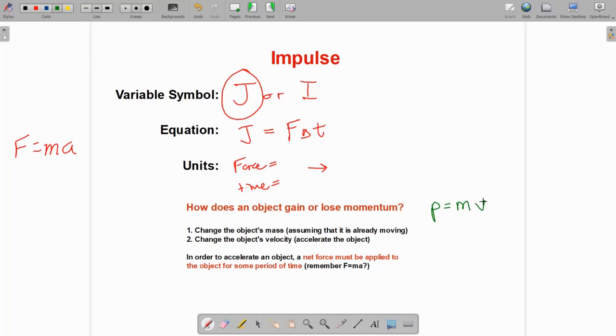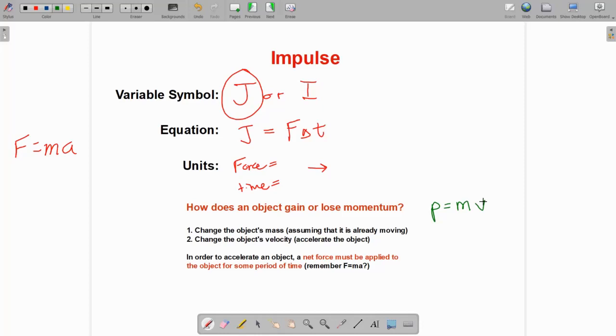But whether it's moving or not, if you change its velocity and accelerate the object, then it will have a change in momentum. In order to accelerate an object, a net force must be applied to the object for some period of time.